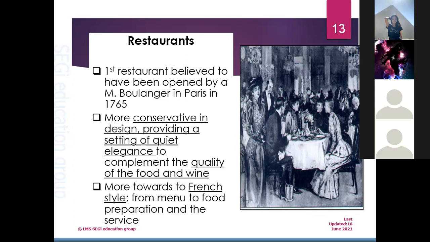Guys, sejarah sikit lah Mr. Boulanger. Number 2, okay, apa restoran? Guys, a restaurant should be conservative in design, providing setting of quiet elegance to complement the quality of food and wine. More towards French style.